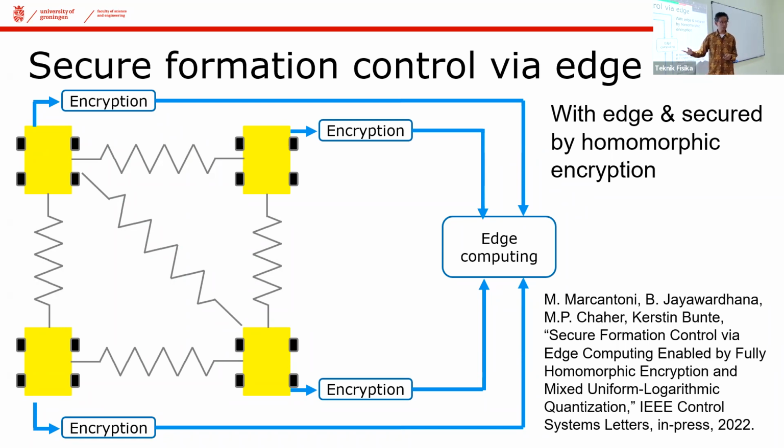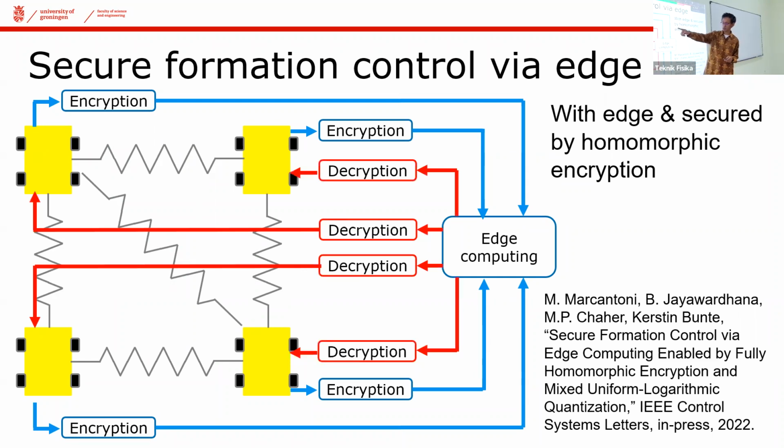So what they can do is just, this one becomes like a dummy terminal. They do multiplications, they do additions, but they do not know what they are actually computing, because those are just numbers. And after computing those numbers, they return them to the agents, and every agent decrypts it locally. When they decrypt it locally, they can use their own local key.